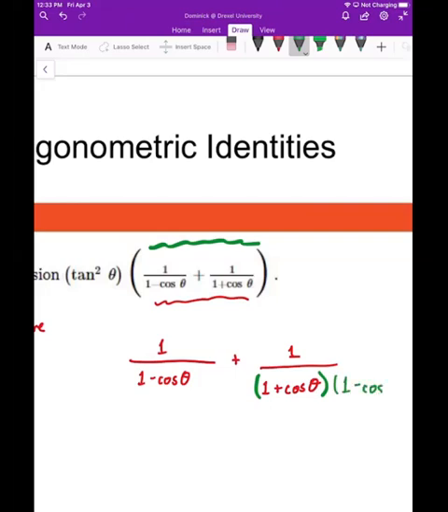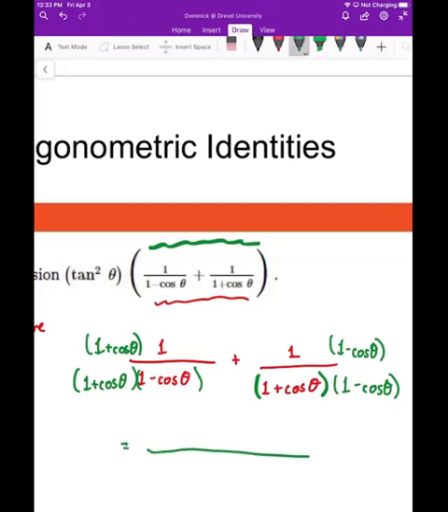So this one, I'd want to multiply top and bottom by 1 minus cosine. And this one, I'd want to multiply the top and the bottom by 1 plus cosine. If you multiply the denominator out, we have a difference of two squares, and we're going to get 1 minus cosine squared of theta.